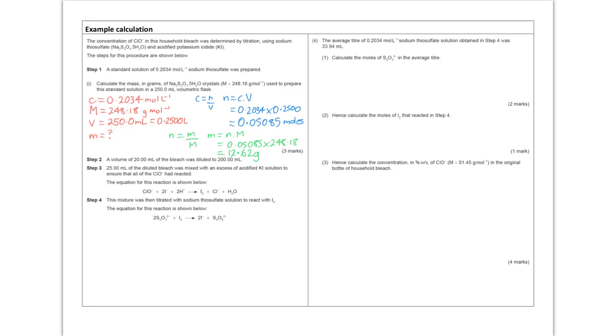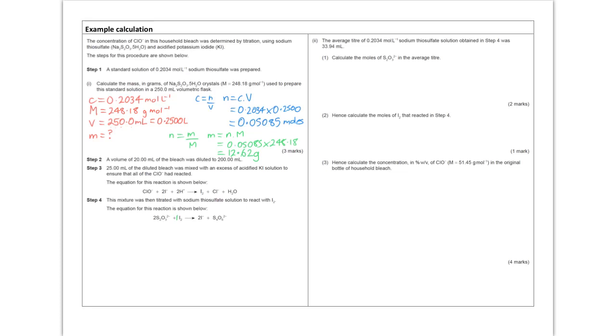But there's a catch here, because for every 1 mole of iodine that forms, we need 2 moles of our standard thiosulfate solution. So we need twice as many moles of this as this, because there's no number in front there. So basically we assume that means there would be a 1 there. So for every 1 mole of iodine, we need 2 moles of thiosulfate.